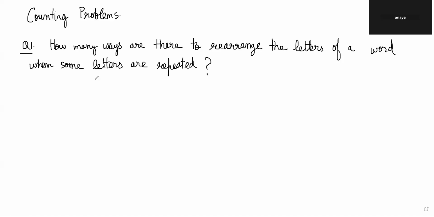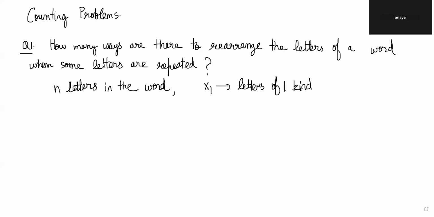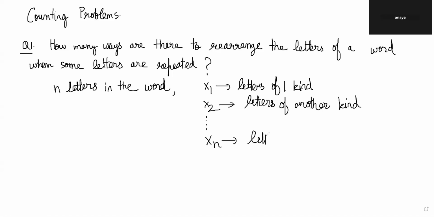A specific example could be if there are n letters in the word where x1 are letters of one kind, x2 are letters of another kind, and so on, xn are letters of a different kind.